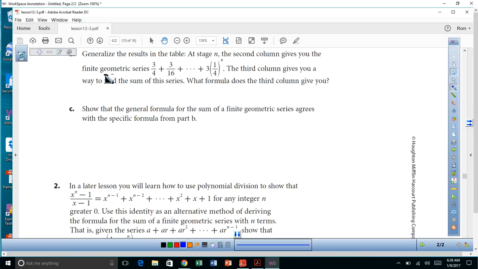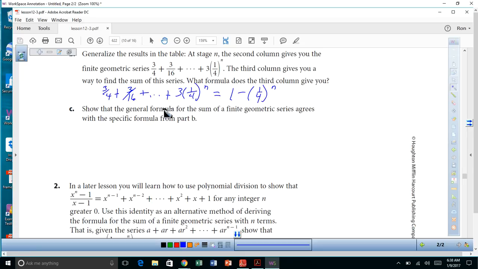It gives you 3 fourths plus 3/16 plus, and that's going to be 3 times 1/4 to the n power, which equals 1 minus 1/4 to the n power.